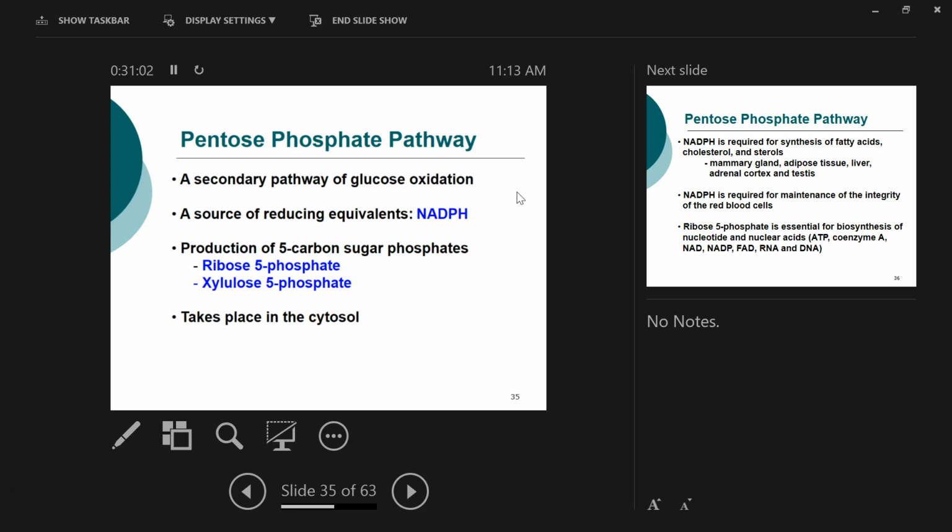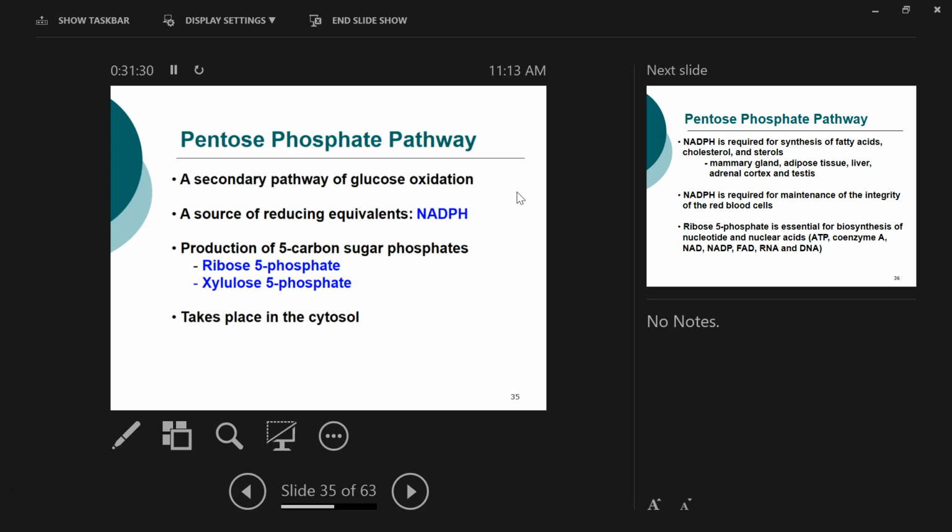This pathway is sometimes considered a secondary pathway of glucose oxidation, and it provides a source of reducing equivalents, NADPH, for fatty acid synthesis, ketone bodies and cholesterol, and most importantly the production of a 5 carbon sugar phosphate.